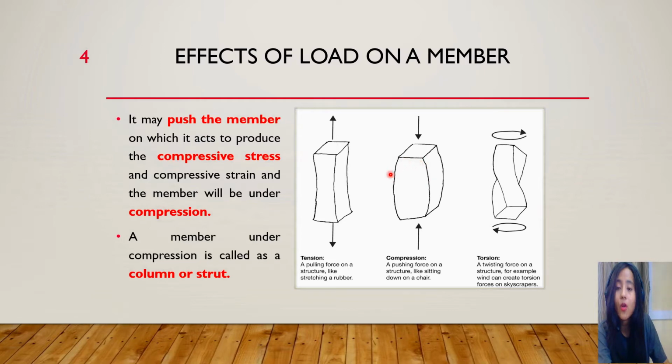When the column is under such a condition, it is said to be under compression, and it can produce compressive stress and compressive strain. The other example can be a strut also. In this case, the length of the member which is under compression will decrease.